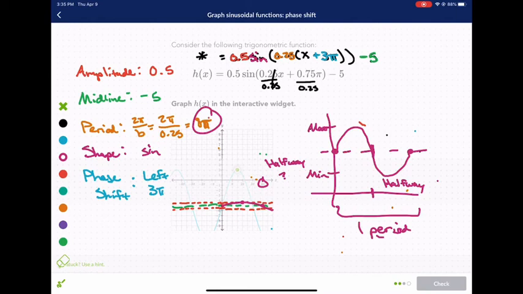midline right there. All right, and last thing, don't forget the phase shift at the very end, right? So we have to shift this thing to the left 3 pi units. All right, so I'm going to take all these points, I'm going to shift it left 3 pi units. Over here to -3 pi, I've got this guy at 2 pi. I'm going to shift it to -pi, left 3 pi units.